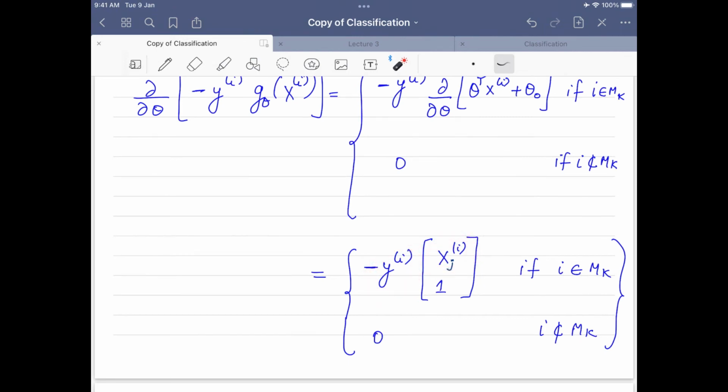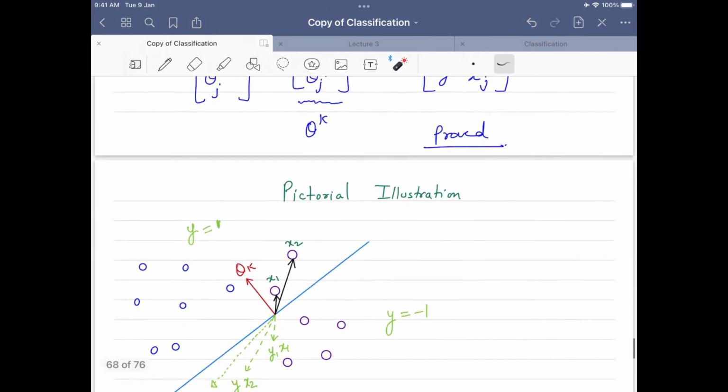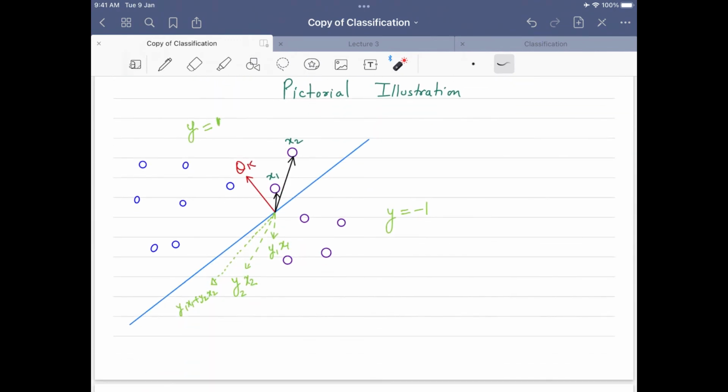When you multiply yi with xj and take the minus sign, this is the vector xj, and you are multiplying it by y. When you multiply it by y, which is minus, these vectors flip around in direction. This vector flips and becomes this vector, and this vector flips and becomes this vector.